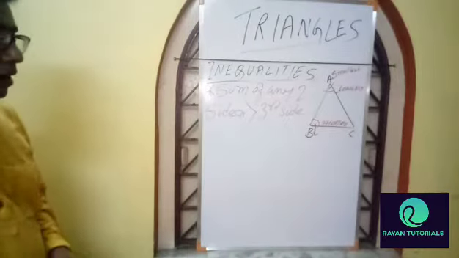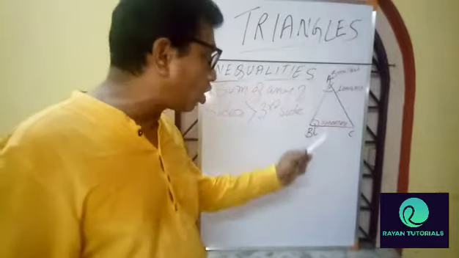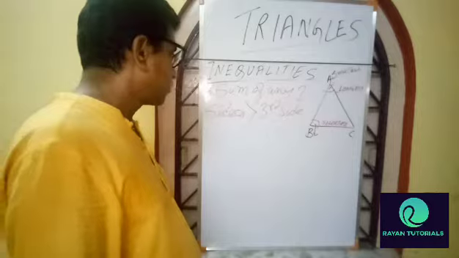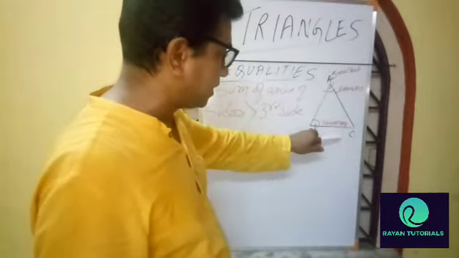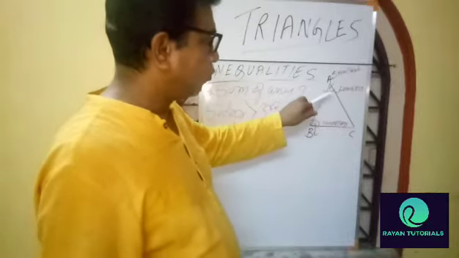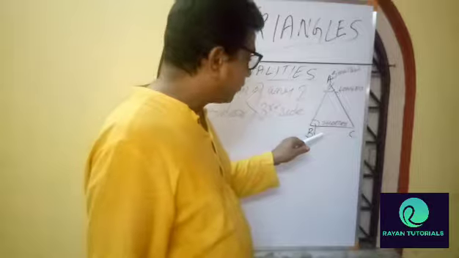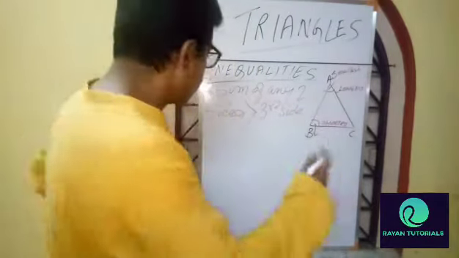What does that mean? If I add any two sides, AB plus BC or BC plus CA or AC plus BC, it will be greater than the third side. Means AB plus BC, if I add these two, it will be greater than AC. If I add BC plus CA, it will be greater than AB.